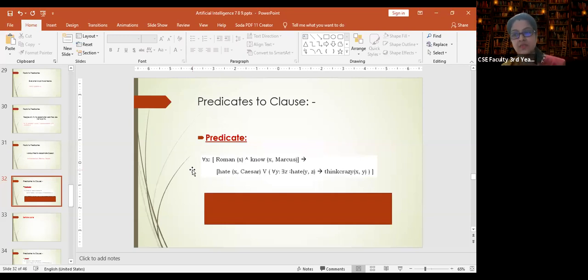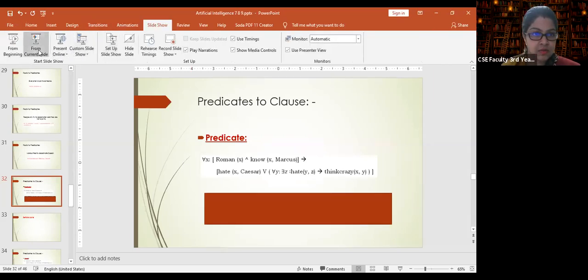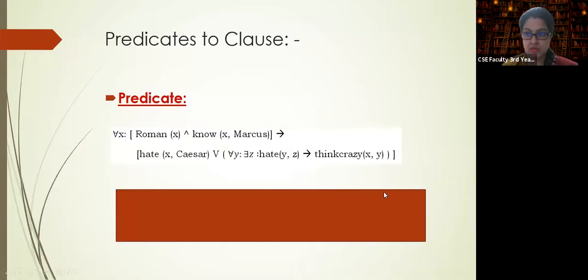Suppose a predicate is given and we need to find the fact. So how can we find out the fact from a given predicate? So what is written over there? I am going full screen. Is it visible properly?